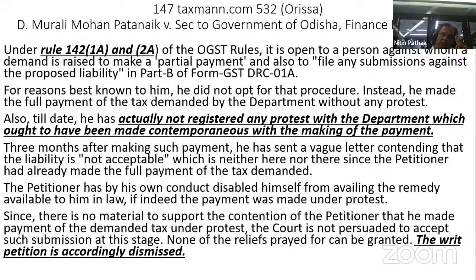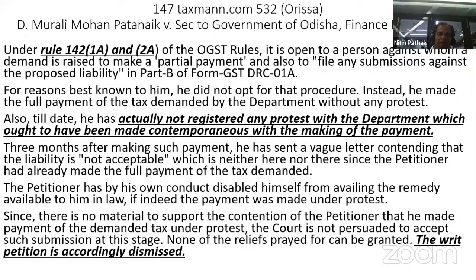He has not complained after making payment. He has not raised a protest under Part B of GST DRC-01A. For reasons best known to him, he did not follow the procedure. He made a full payment of the demand without protest. Also, till date, he has not registered a protest with the department, which ought to have been made.